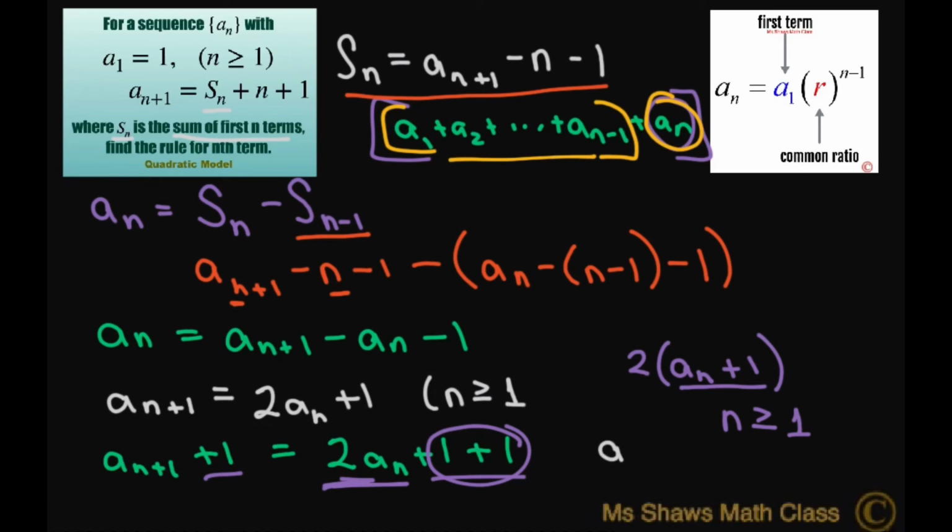A sub 1 plus 1, because we have set this plus 1 here, equals 1 plus 1 equals 2. So that gives you your first term is 2, and your common ratio here is 2.